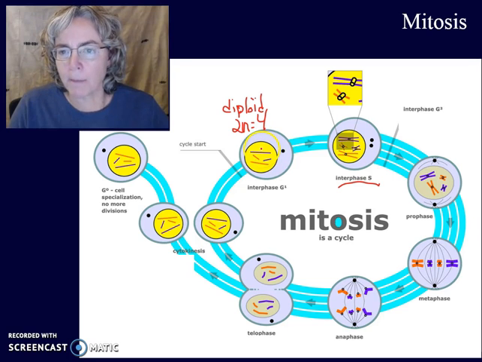So let's identify here. This is a chromosome, this purple chromosome from mom. This, and oh, what color do you think that is? Orange. Let's say orange chromosome from dad. So they look similar. They're the same length.